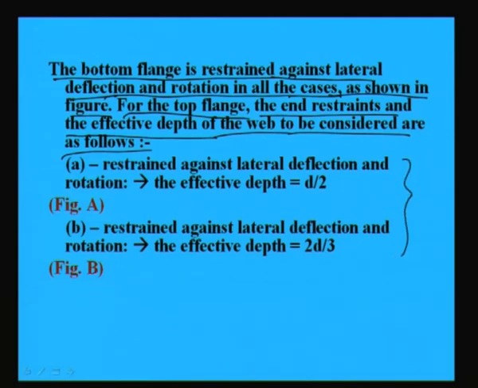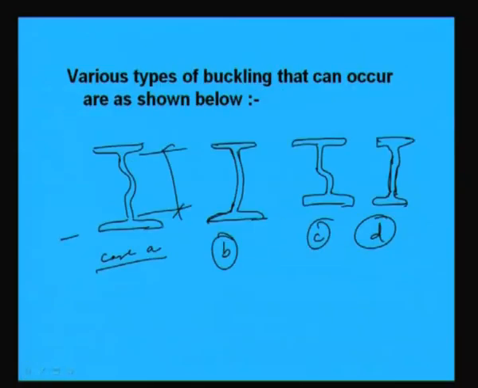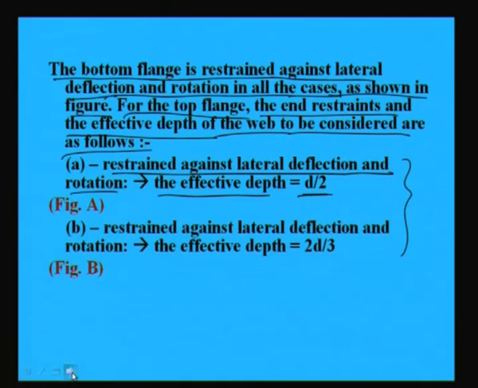If the top flange is restrained against lateral deflection and rotation, then the effective depth can be written as d by 2. This is when this case is coming, right.